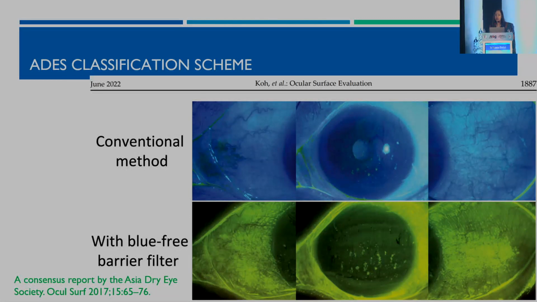In the conventional method we use a blue filter, but because blue light is reflected very highly from the sclera, it gives a good assessment of corneal problems but not conjunctival problems. Therefore, with a blue-free barrier filter, we can see conjunctival issues also, and we should try to use this.